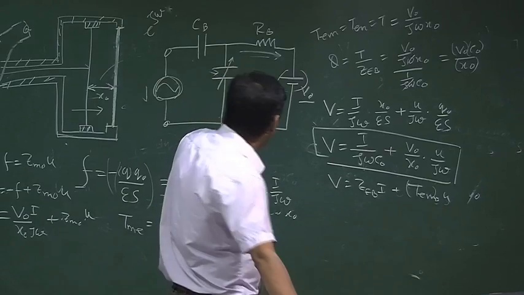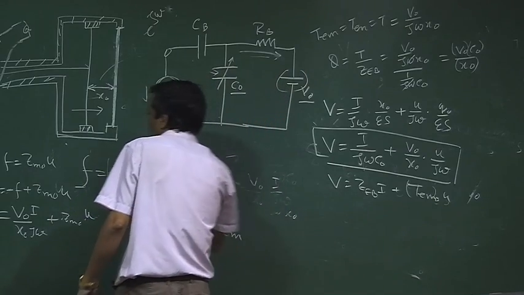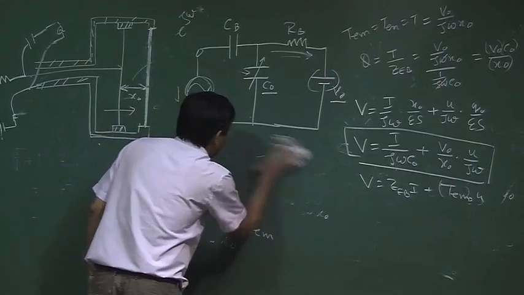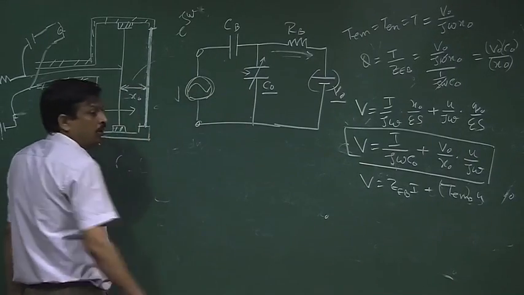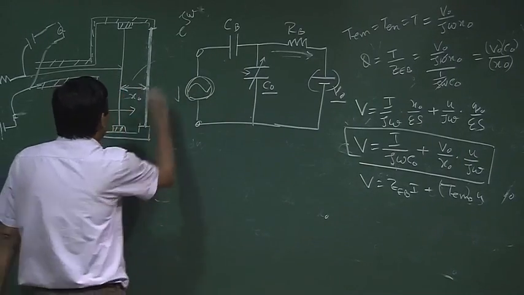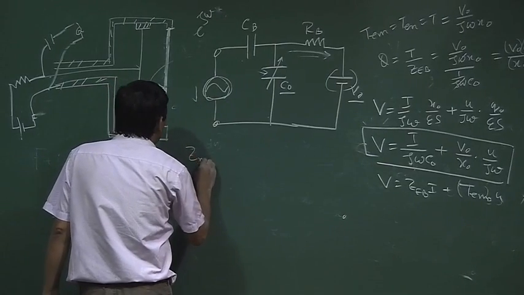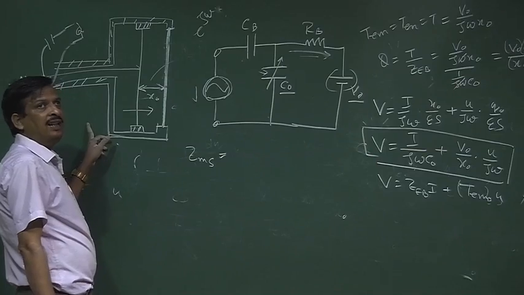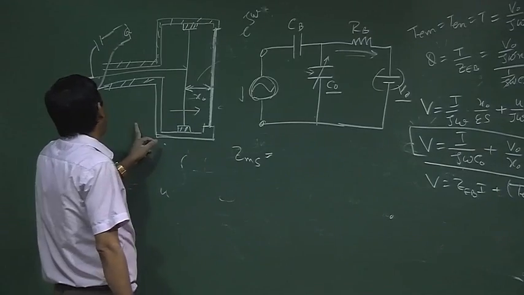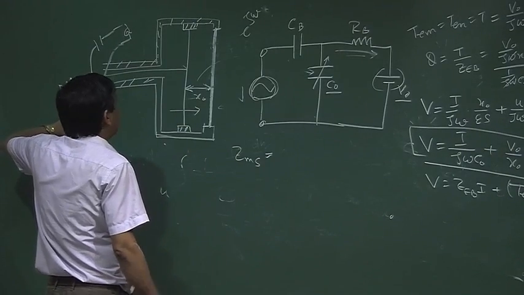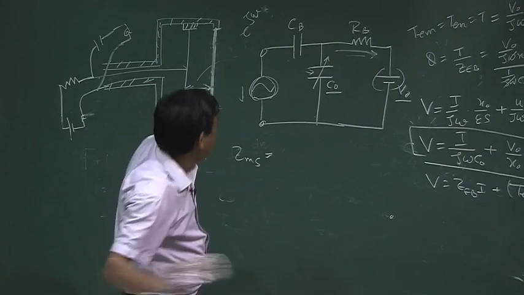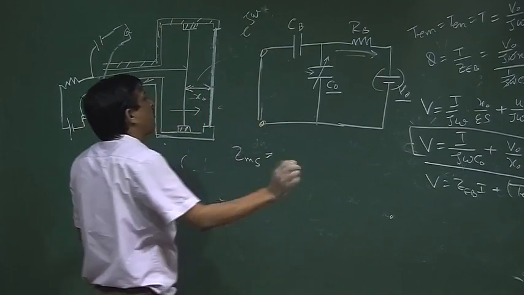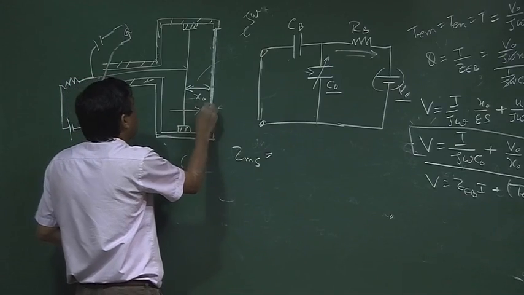Now, what is the relation between Zmo and ZMS? By construction, what is ZMS of this transducer? It is the short circuit mechanical impedance. Short circuit means no voltage is applied, the electrical circuit is shorted, and then it is just a spring mass system.